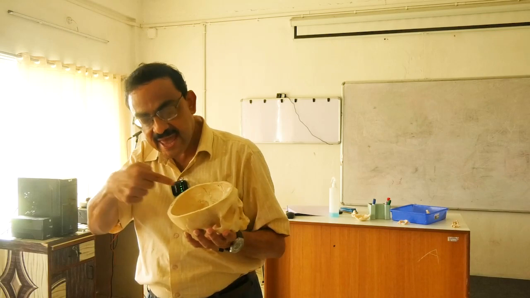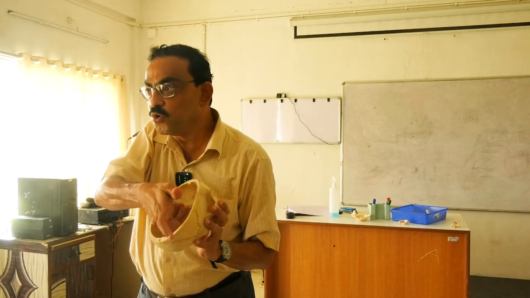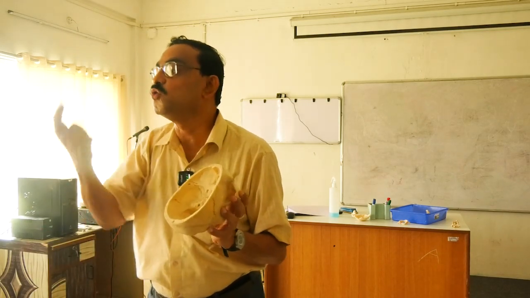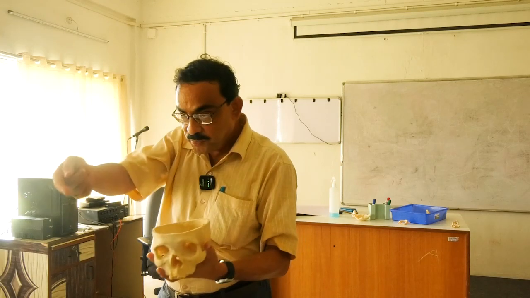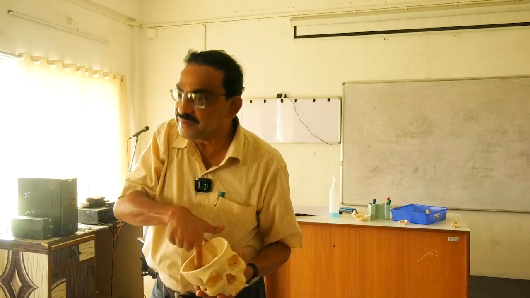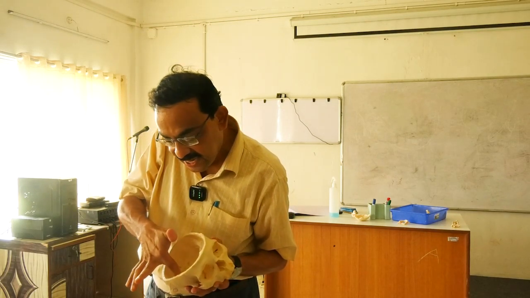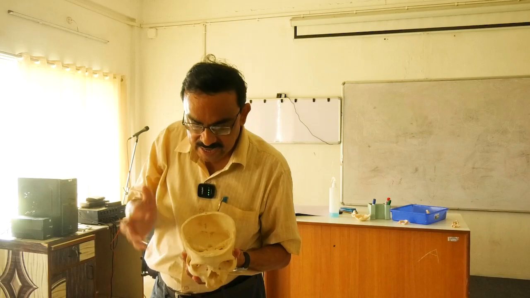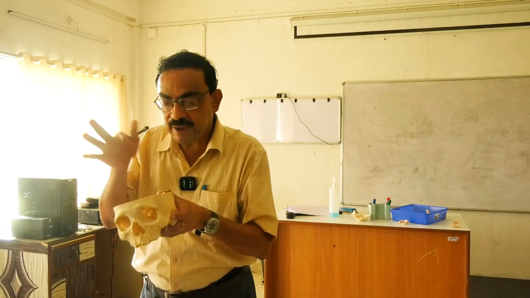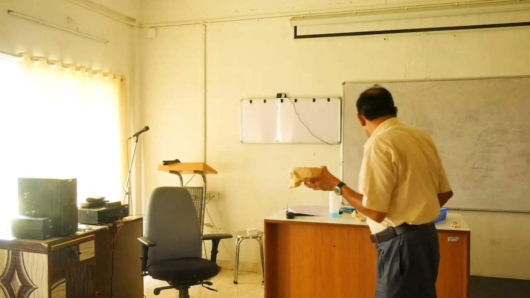This is an S-like groove, called the sigmoid groove. So the superior sagittal sinus goes on the right side, becomes the transverse sinus, then the sigmoid sinus, and ultimately comes out through this area.